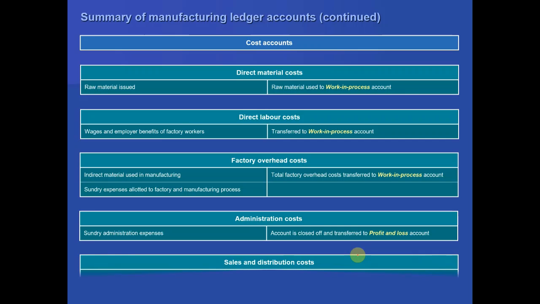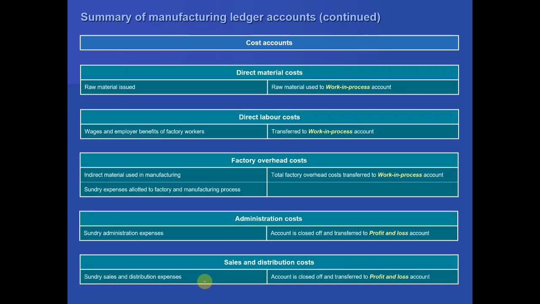Similarly, for sales and distribution costs from the nominal accounts, we will transfer to the debit side of the sales and distribution cost account. It might include things like the commissions paid to the salespeople, depreciation on delivery vehicles, etc. So all those accounts we will list underneath each other with their contra entries to the respective expense account.